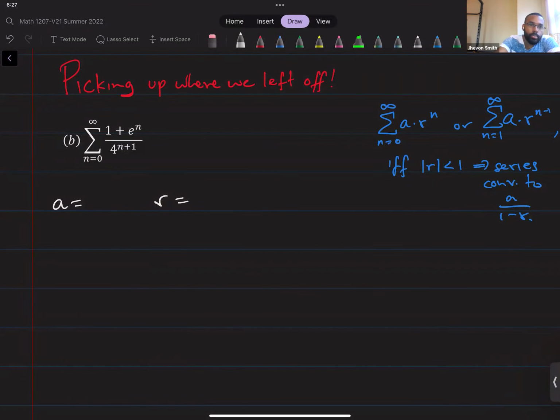Well, any ideas? You could negate the exponent for the denominator, but then that would leave you with an n in 2 terms. What do you mean negate? I mean, 1 plus e to the n divided by 4 to the n plus 1 is the same as 1 plus e to the n times 4 to the negative n minus 1.